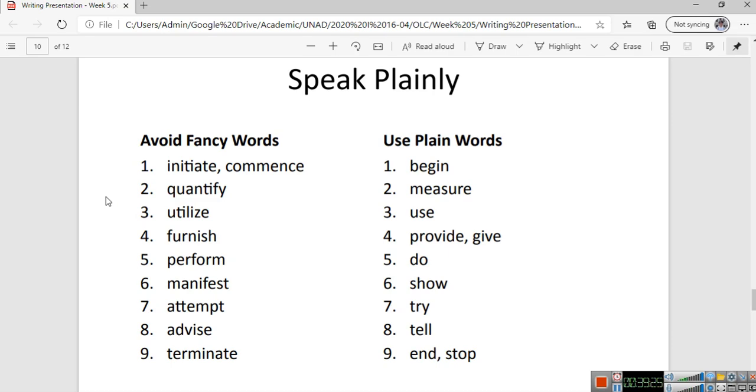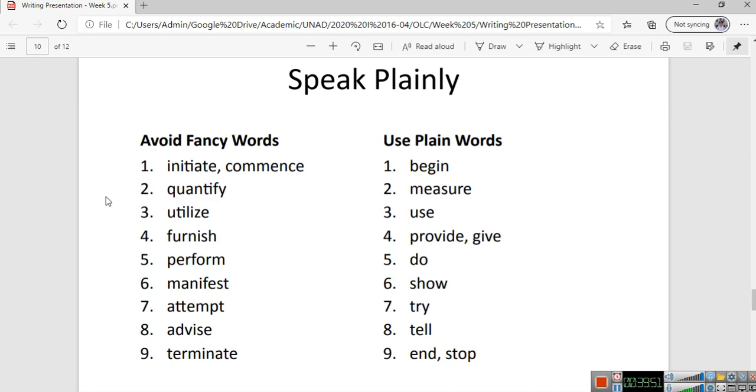Begin, measure, use, provide, give, do, show, try, tell, end, step. Very good. Now, Dania, why do you think we should speak plainly as opposed to elegantly?